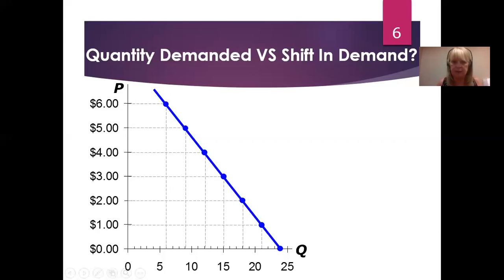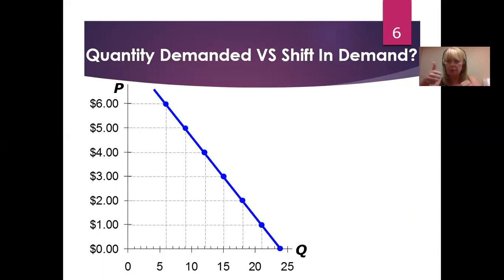When we move from $6 to $5, our quantity changes from, looks like, 6 to 9, and so on and so forth. Price changes, and that changes quantity demanded. Remember the law of demand we talked about?